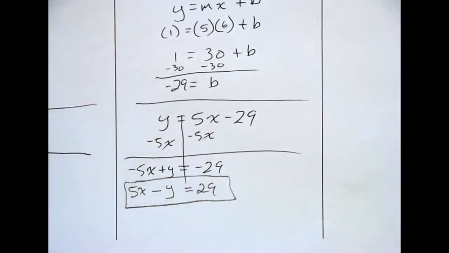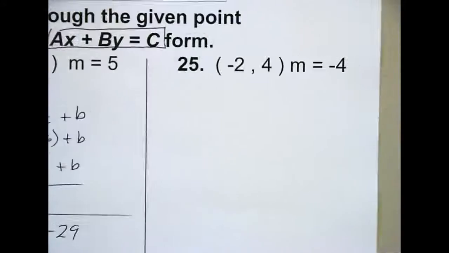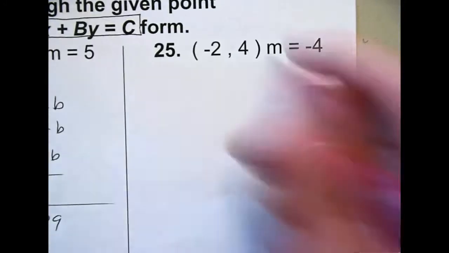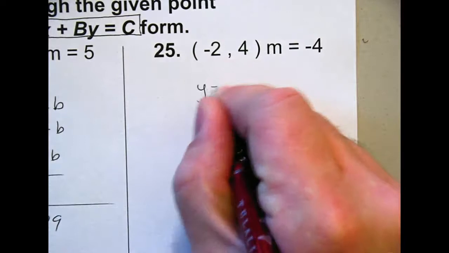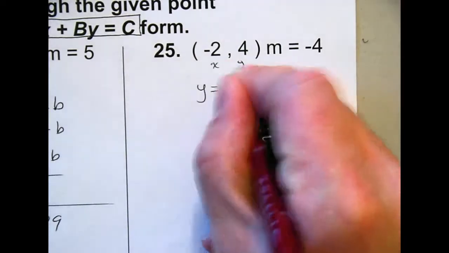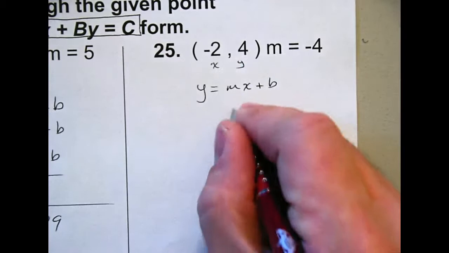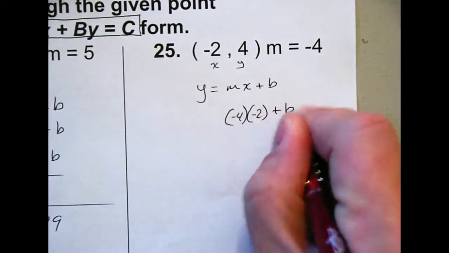Okay, how many have started 25? I said a bunch of you were working on it. I'm going to go through 25 right now. This is a class, so if you haven't started it, let's go through. When I do this one, y equals mx plus b. Again, our x and our y. Our m is negative 4. x is negative 2 plus b. It's equal to 4.